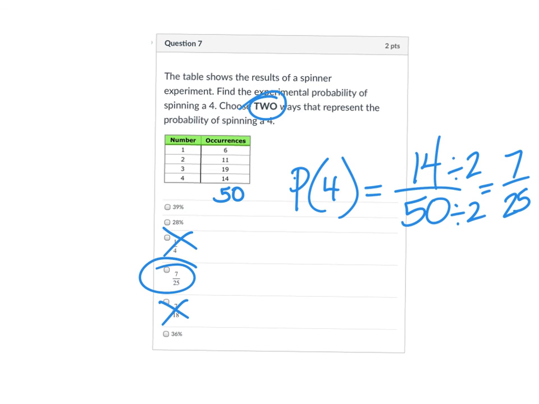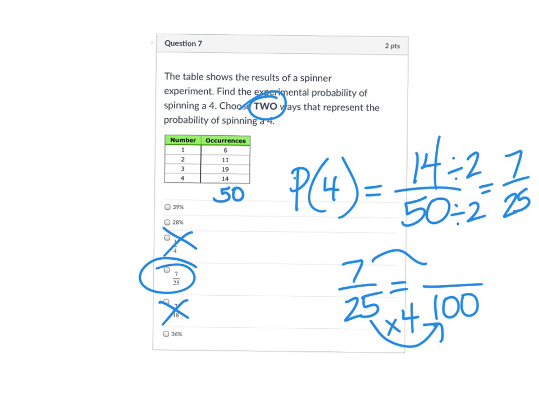So I have to figure out the percent that's equivalent to 7/25. I'm going to write an equivalent fraction to show out of 100, so I can get a percent. 25 times 4 equals 100, so 7 times 4 equals 28. So 28 out of 100 would mean 28%. So that is the other correct answer.